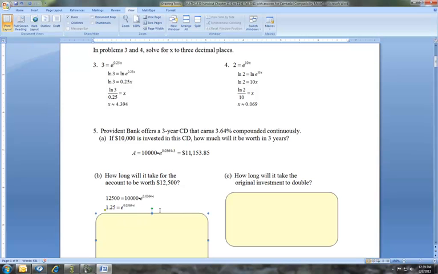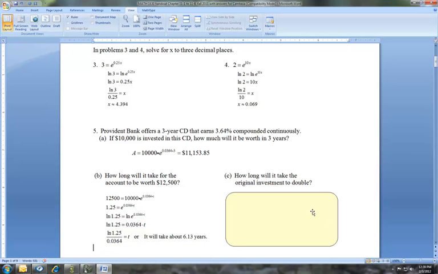I'm going to take natural log of both sides, free out the exponent, divide both sides by that 0.0364. So if they want to find out how long it's going to take $10,000 at this interest rate to get to $12,500, it's going to be about 6.13 years. I'd say some people would like to know that, how long it's going to take them to do something.